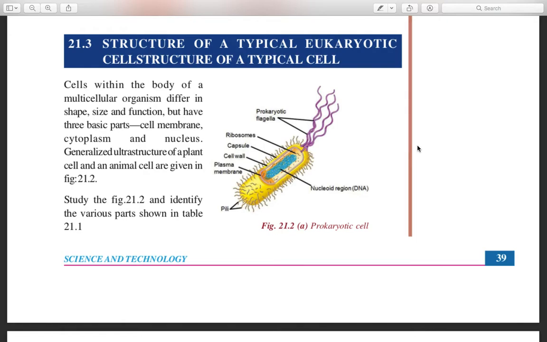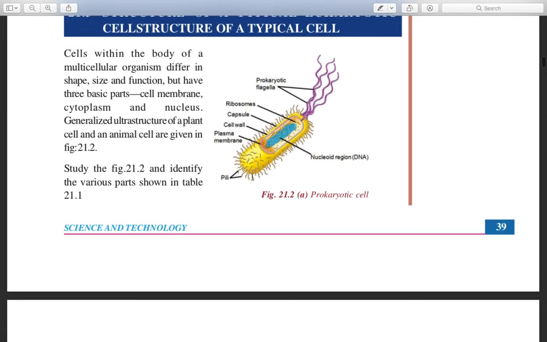For example, humans have brain cells, bone cells, muscle cells. All of them differ in shape, size, and also in function. All of them do not have the same functions. But they all have three basic parts: first one is the cell membrane, as I told, and cytoplasm and nucleus.